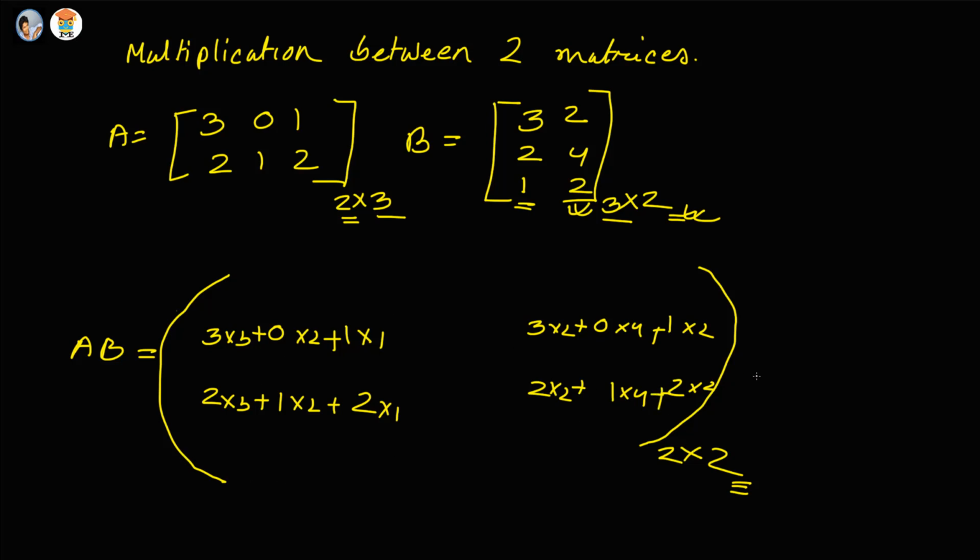So the result will be 3 multiplied by 3, 9, plus 0, plus 1, 6, plus 2, plus 2, and here we'll have 6, plus 0, plus 2, and here we'll have 4, plus 4, plus 4.